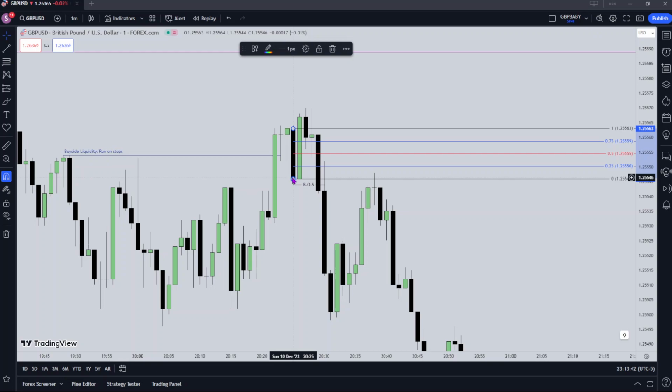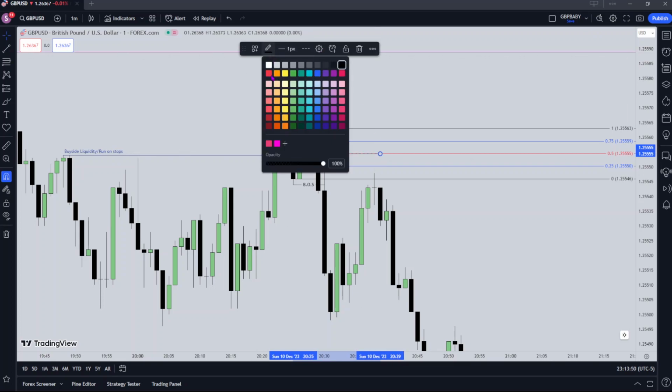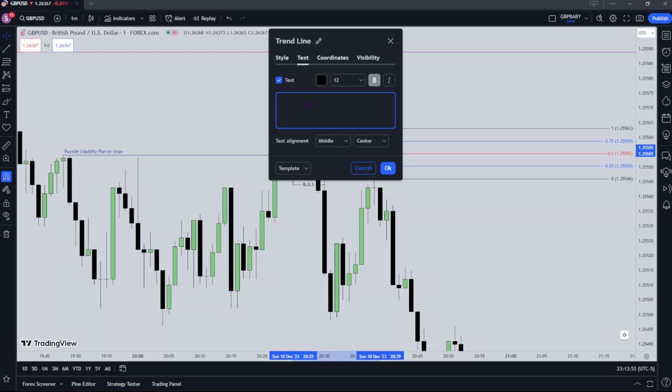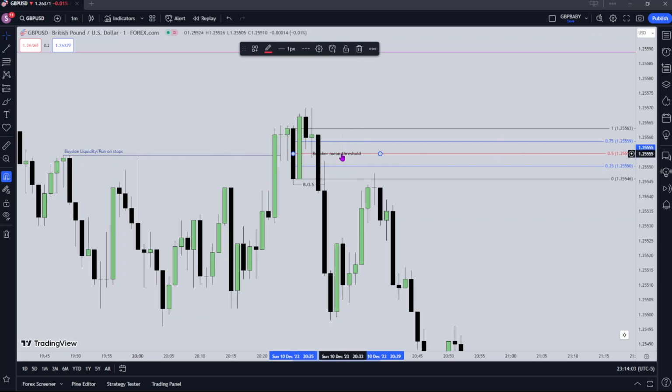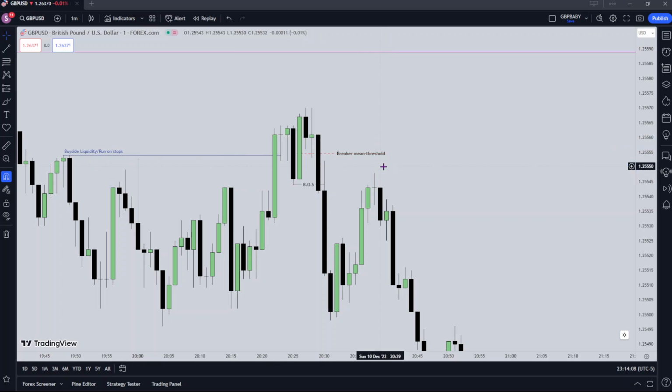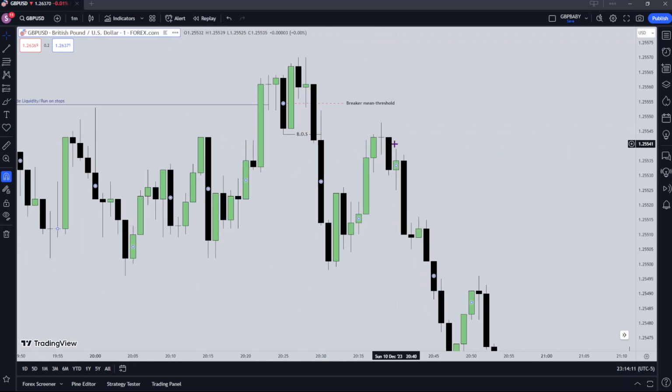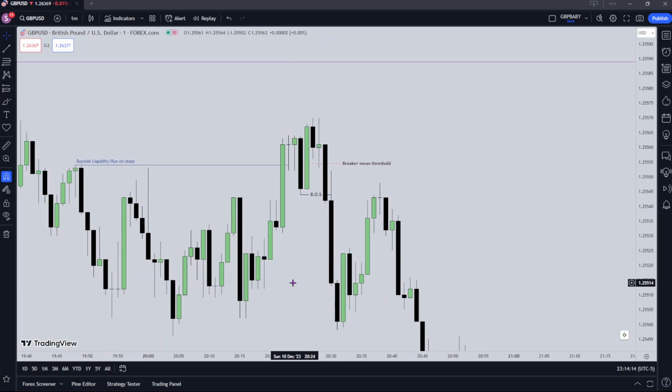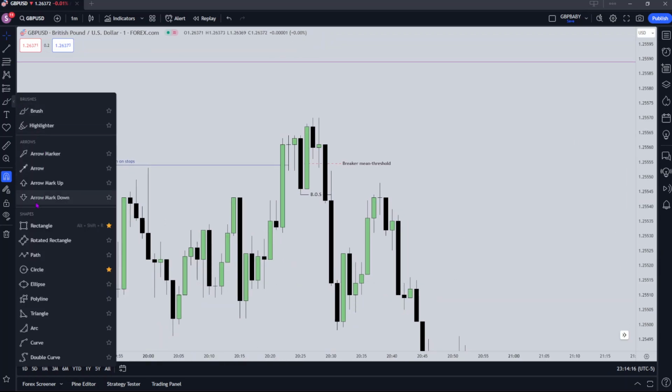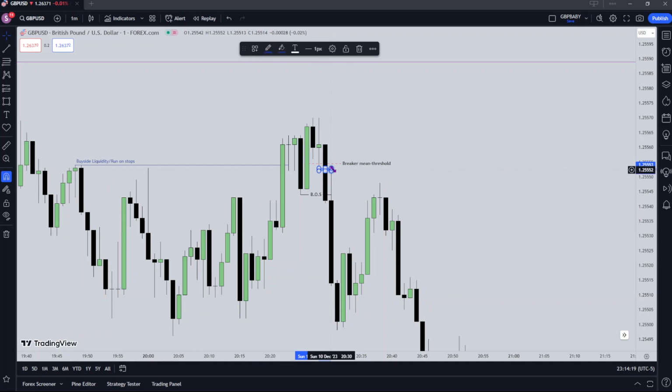High, low, high, low, high, high, and then we break lower, so we can look at the 50% level of that. And then we have a nice little breakaway gap here.